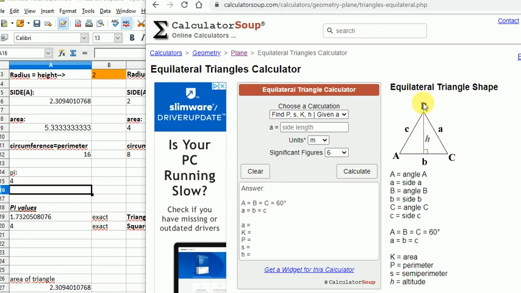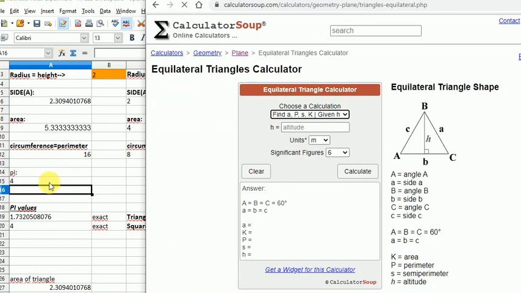So look at the equilateral triangle. Obviously K in here is the area, P is the perimeter, H is the altitude or height. Now for any given height, let me choose height, I could prove that there is a value of pi for equilateral triangles that's different from 3.14.